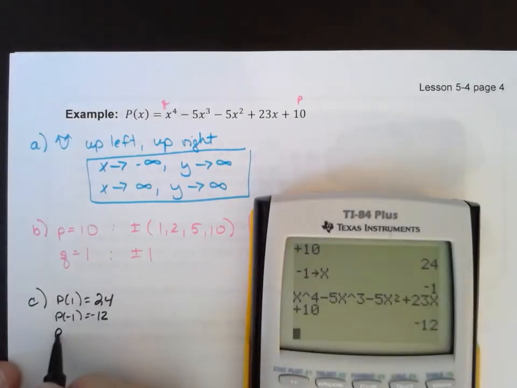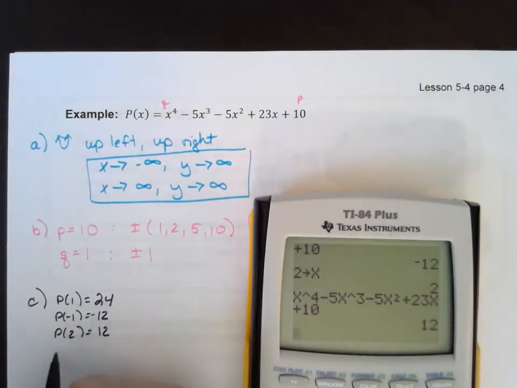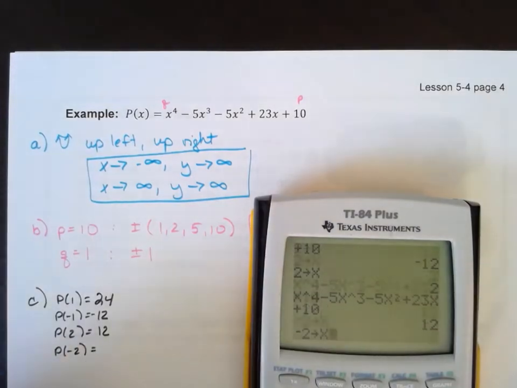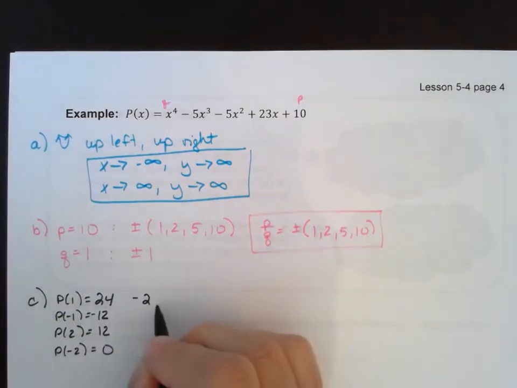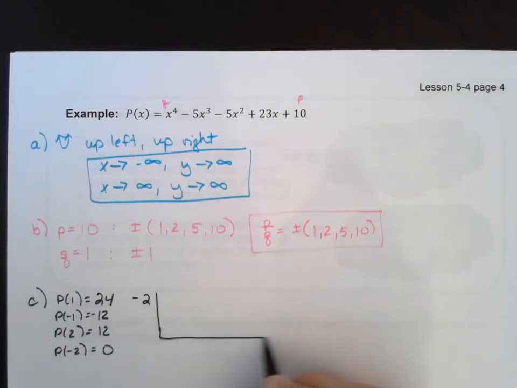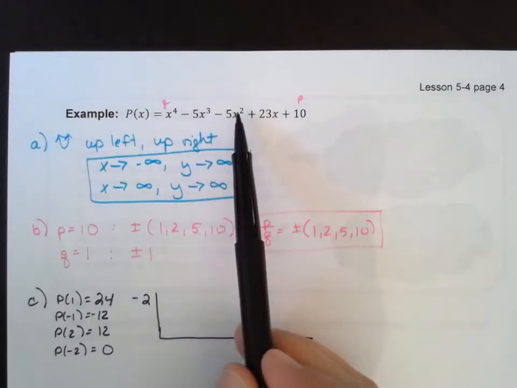Let's try P of 2. That's 12. That doesn't work. So let's try P of negative 2. That's 0. We stop and do synthetic division. Negative 2 goes on the outside. See if you're missing any terms. 4, 3, 2, 1, 0.